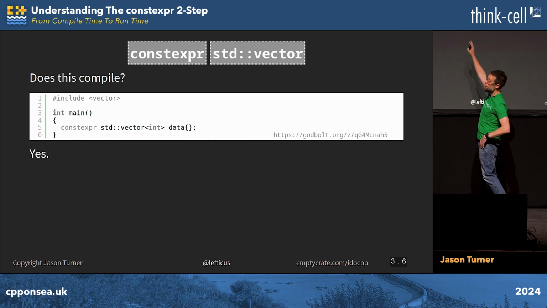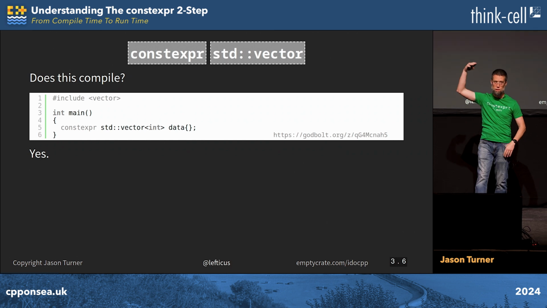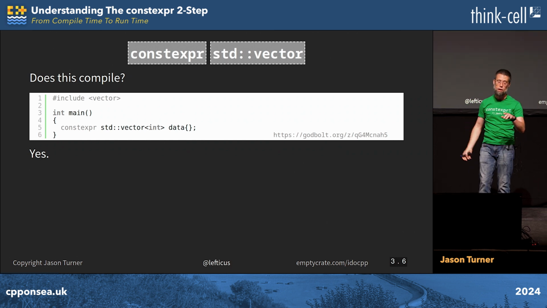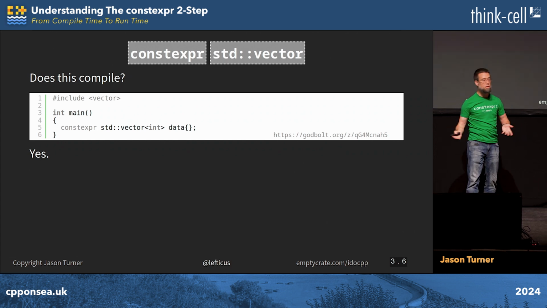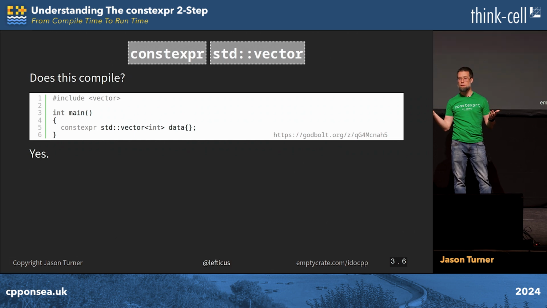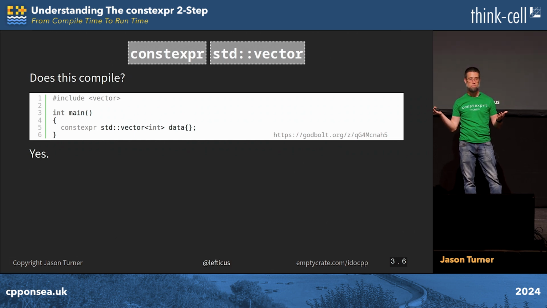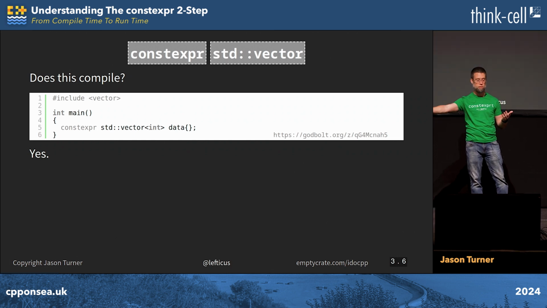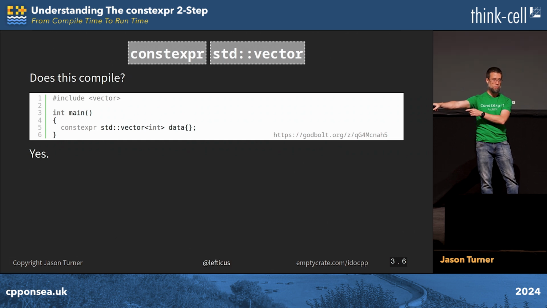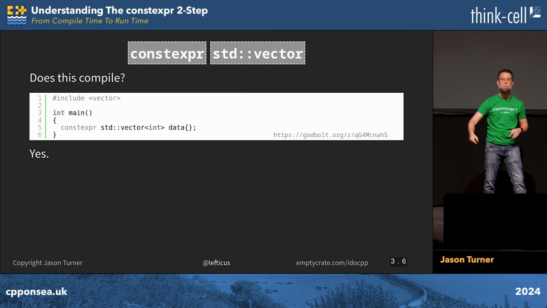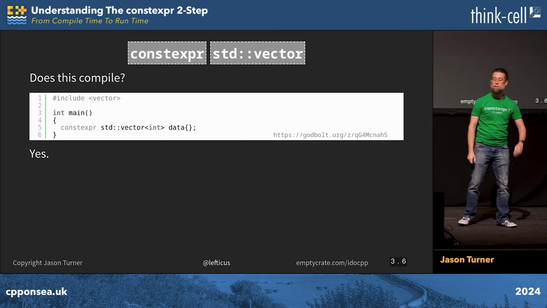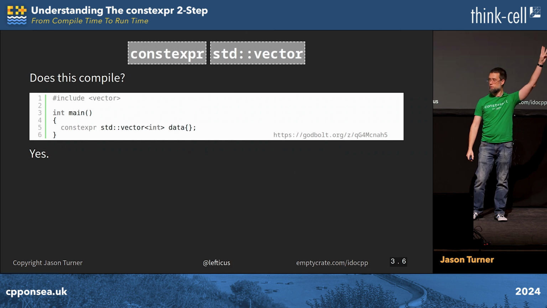So there is stack data here, which is the vector implementation itself, which is approximately 3 words, says one of the C++ trainers in the room. All right, does anyone know what those 3 words are?